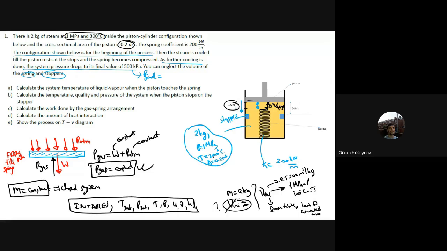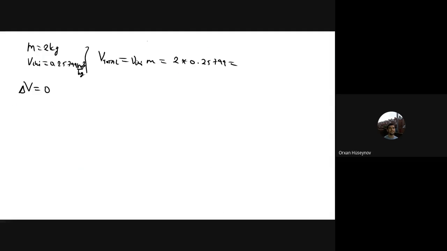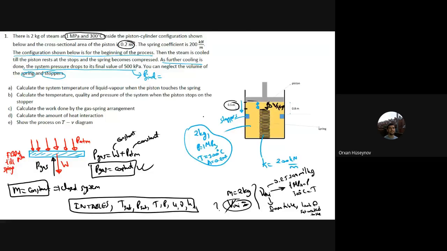It is given in the question. So delta V is the piston area multiplied by the height, 0.2 times 0.5. From here, you can find the change in volume.